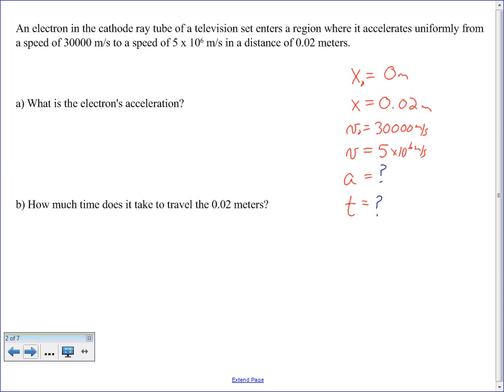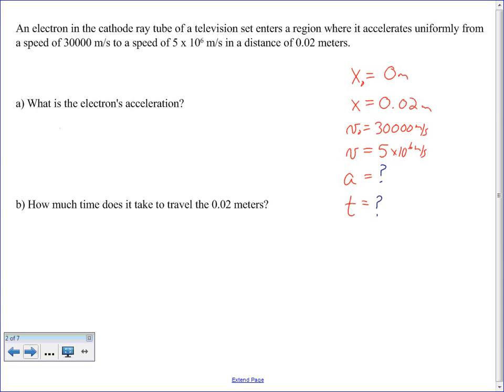So as you're trying to figure out what equation to use, it's good to compare the quantities that you have, the x0, x, v0, v, a, t, with the equations. If we look, all of the equations have acceleration in them, but two of the equations have time in them also, and we don't know the time.